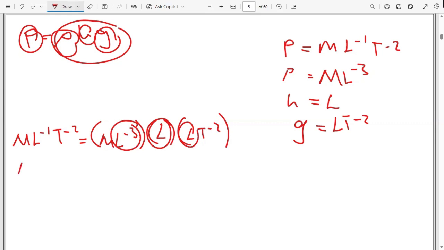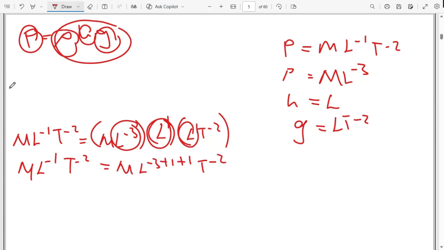So I'm having M L to the power minus 1, T to the power minus 2 being equal to M, then L to the power minus 3, then I'm going to add plus 1 and another plus 1, since a single L is basically L to the power 1. Then you have T to the power minus 2, T to the power minus 2.